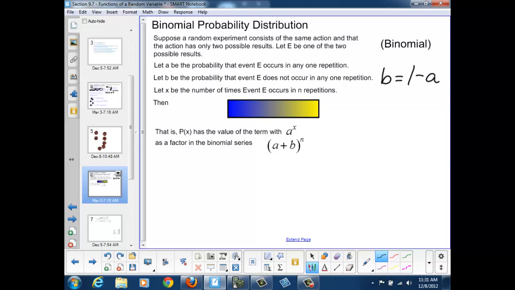If we use this notation and we let X be the number of times event E occurs in n repetitions, for example, 2 heads in 5 throws of a bent coin, then the formula that we came up with looks like this.